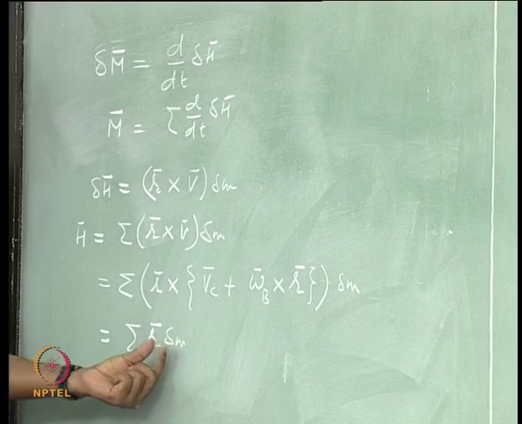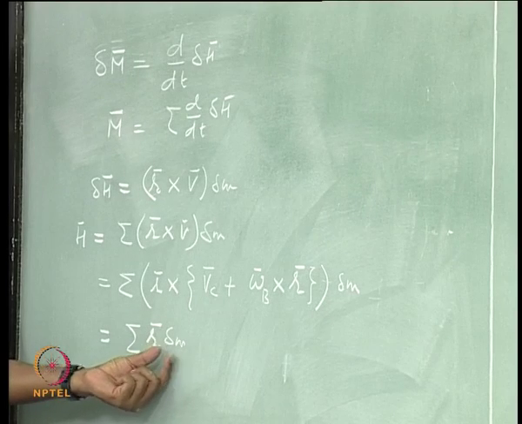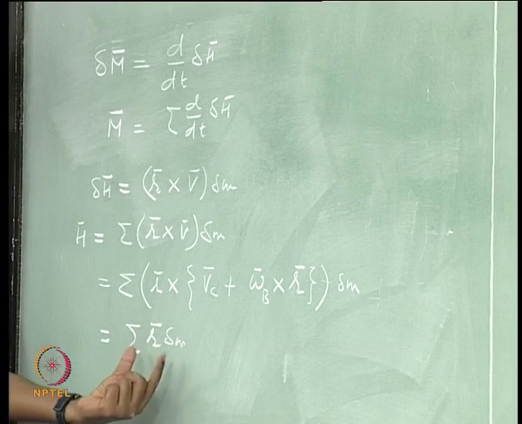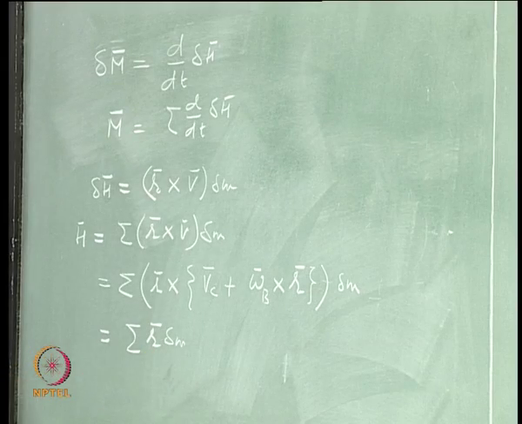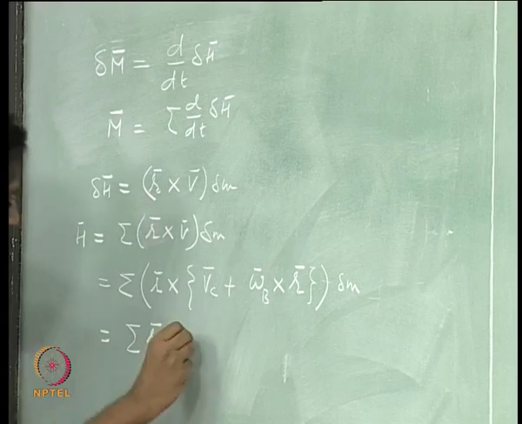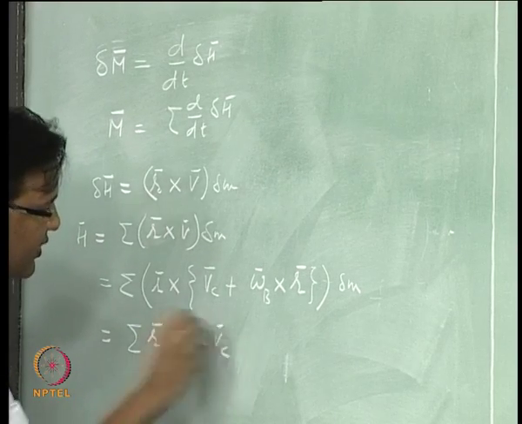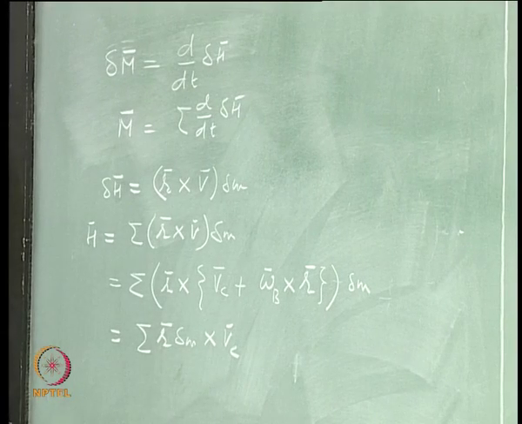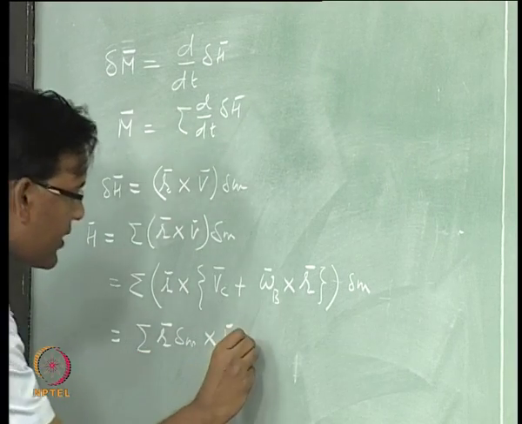So, r is depending upon this mass m. So, I am clubbing these two together, and Vc is actually independent, right. It is velocity of the center of mass. So, we can keep it separate.